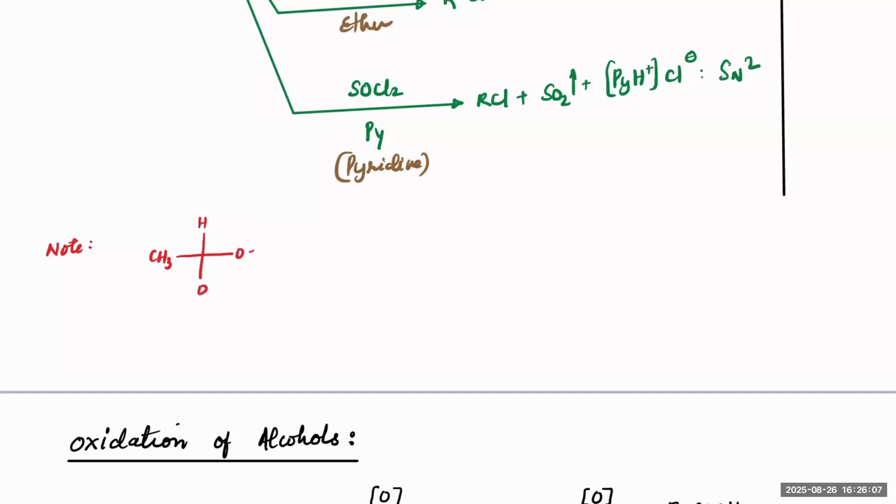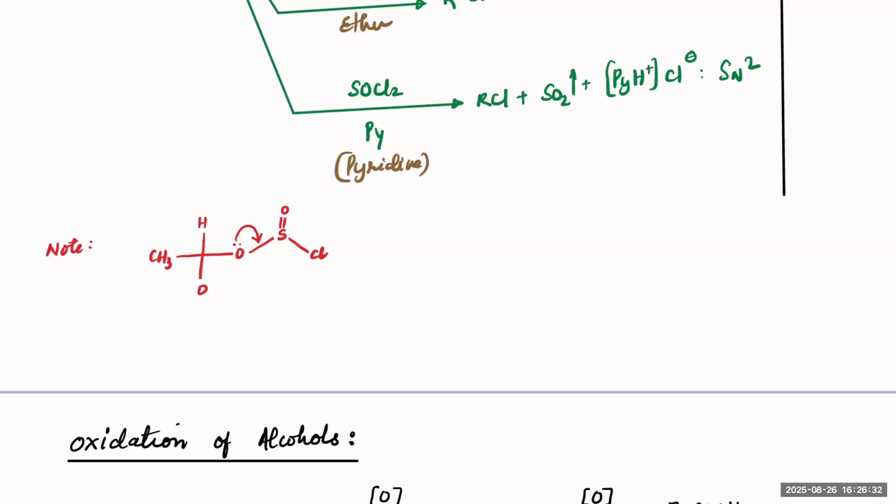What this OH will do is, with SOCl2, it will remove H and Cl. Now, this oxygen is trying to push electrons towards sulfur because S double bond O is a stronger bond than carbon single bond O. That's the motivation for it to start moving towards sulfur.